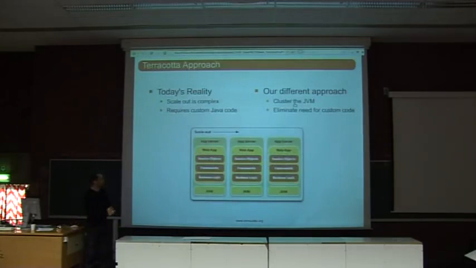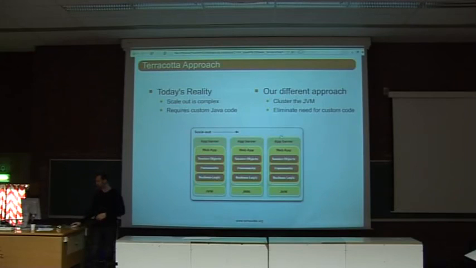So today, when people want to cluster something, when they want to scale out, they've got several app servers, several JVMs, several web applications, and state inside those web applications. Then they start scratching their heads because one system isn't sufficient anymore, and oh my God, we need to scale out, what do we have to do?